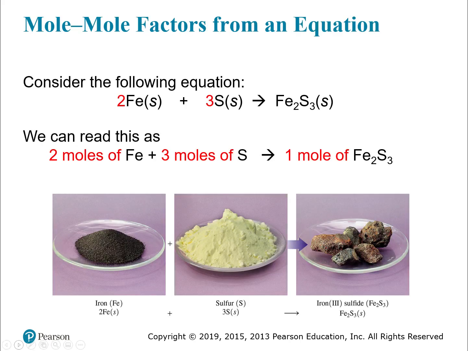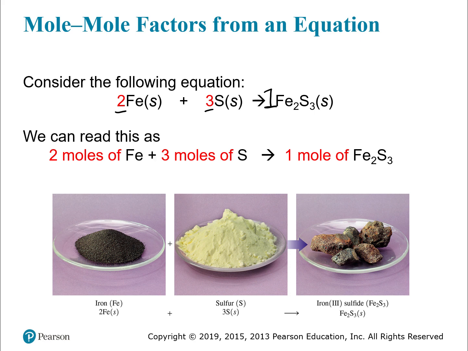We can use that to talk about the relationships between the substances in an equation. If we were to make iron 3 sulfide from solid iron and solid sulfur, we can balance that equation. We have our coefficients. And remember that if there's no coefficient, you assume that it's 1.